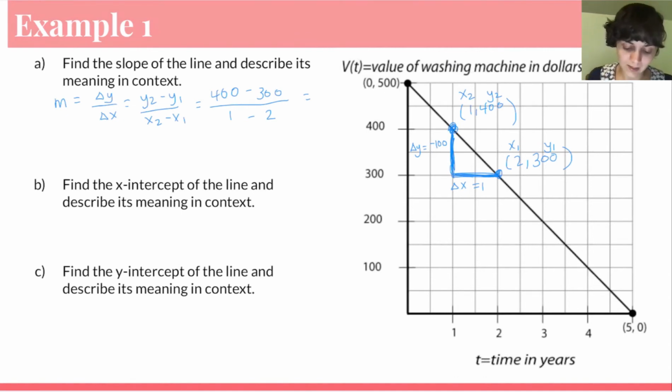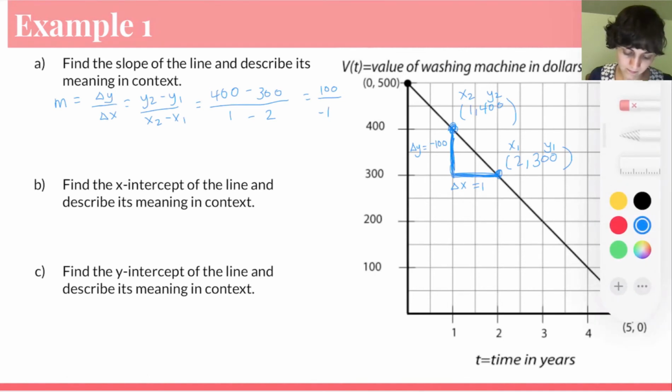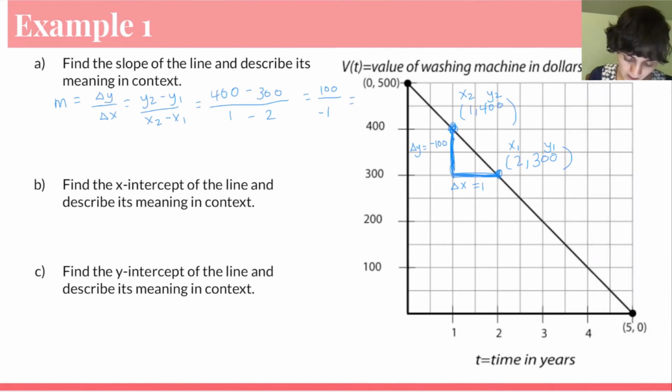So 400 minus 300 is 100. 1 minus 2 is negative 1, which equals negative 100. So both ways, either looking at the graph or using my slope equation, I got negative 100 for the slope, right?